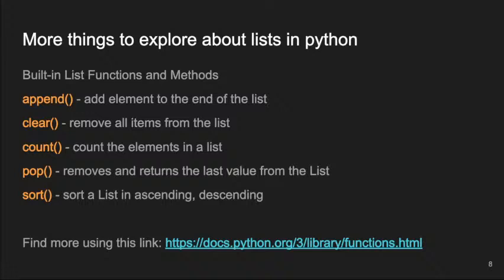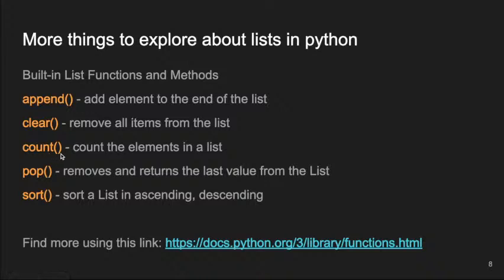On this slide we've seen append already, and we've also seen remove from the previous slide. There's also clear, which removes all the items on the list, so it basically does what its name suggests, it clears the list. Then we have count.